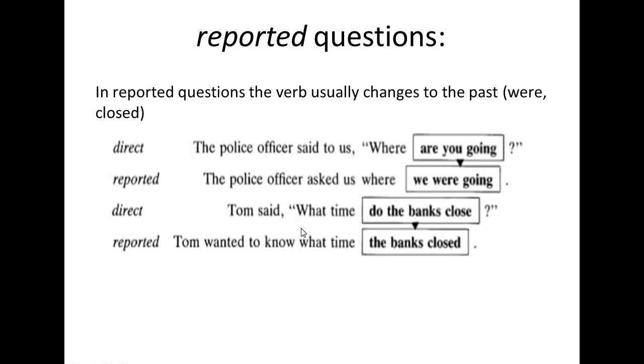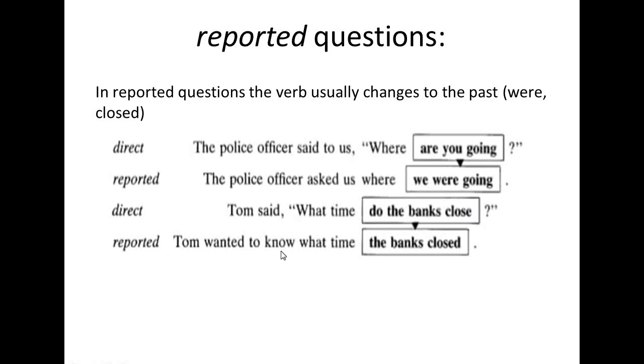Here direct: Tom said, "What time do the banks close?" So here it is a question. In reported speech this question should change to subject then verb: the banks close.